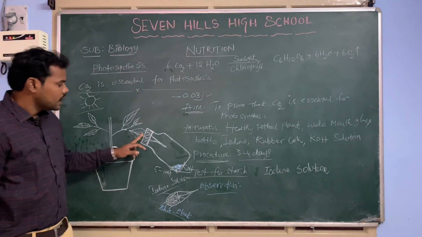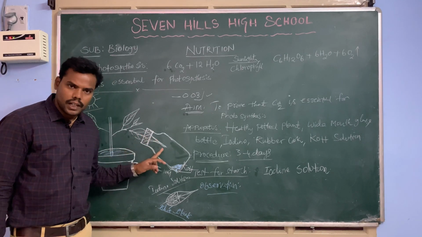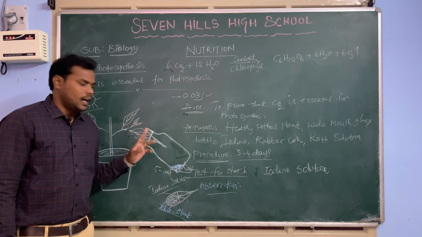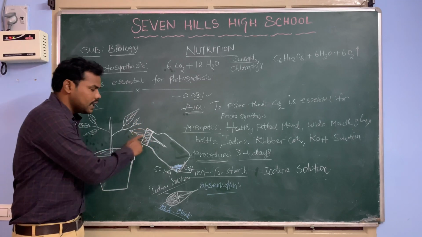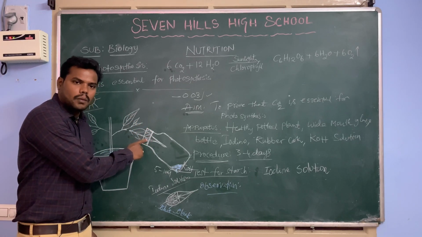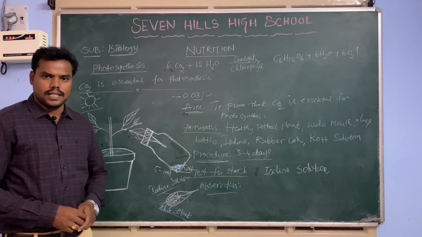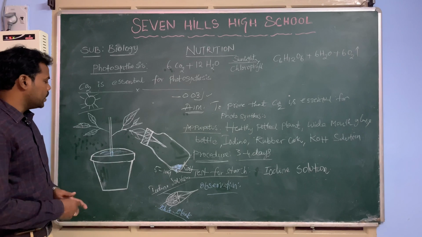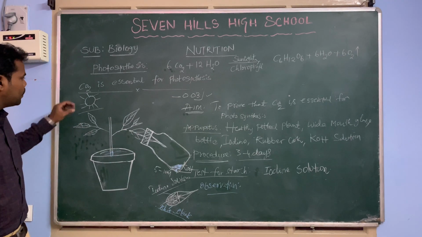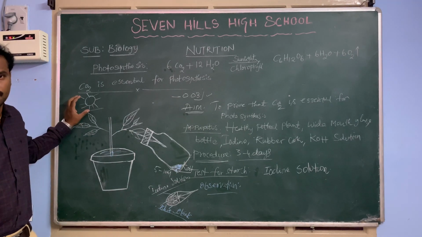Here we should insert only half of the leaf into the bottle, and later we should apply Vaseline or grease at the mouth of the bottle, which prevents the entry of gases. And then we keep the entire setup under the sunlight.